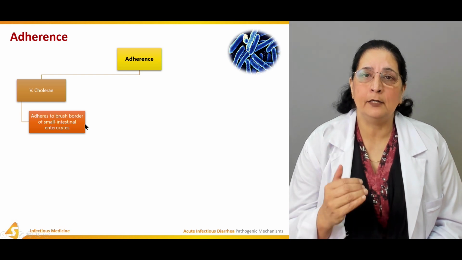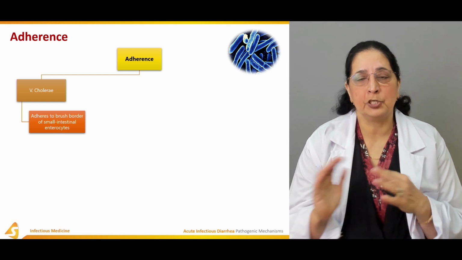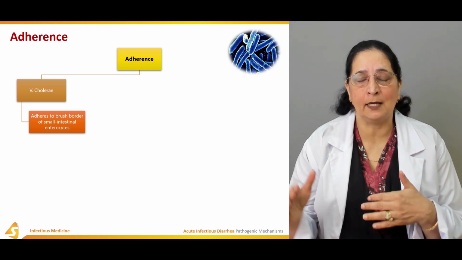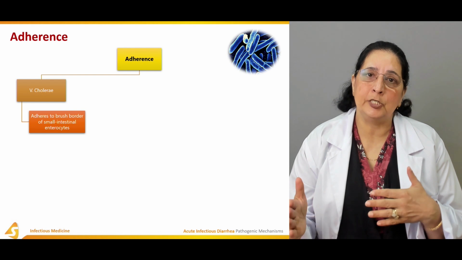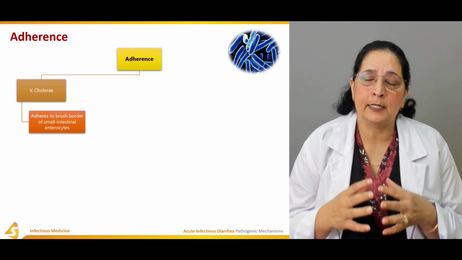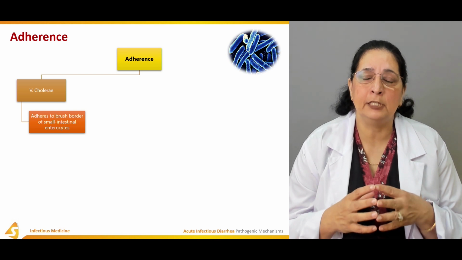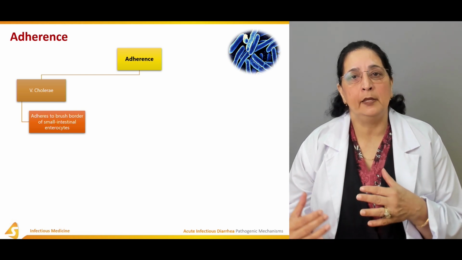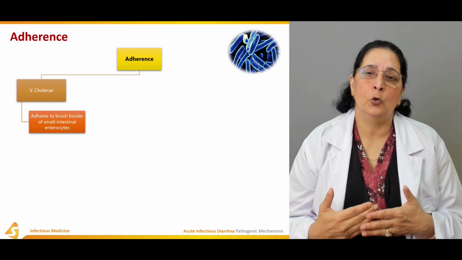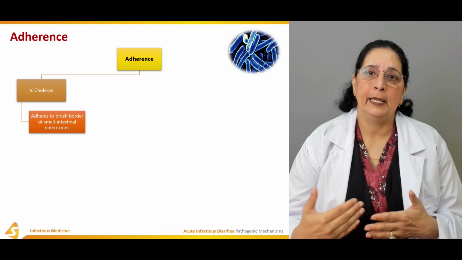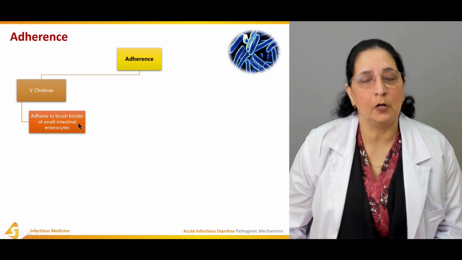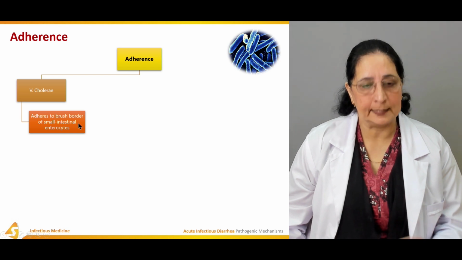Once they affect the brush border or the cilia, the purpose of which is to clear the microorganism, that gets damaged, and most likely there is increased vulnerability of the host to the infection. So they adhere to the brush border of small intestine cells.